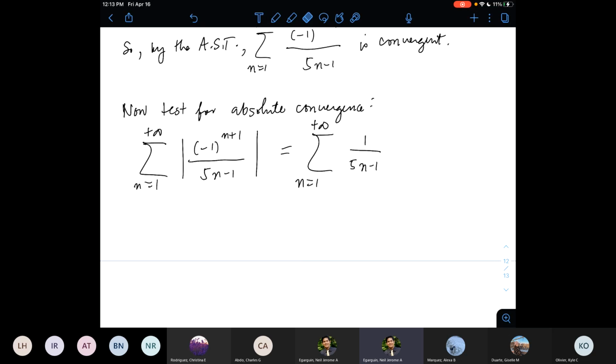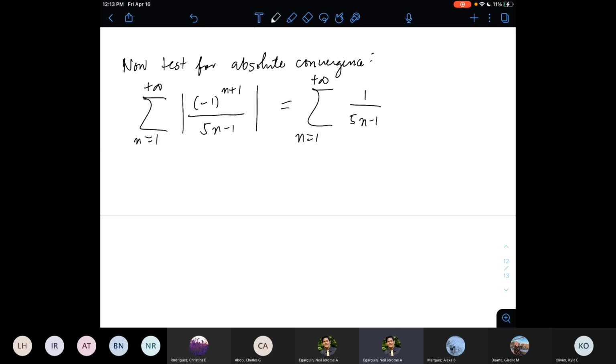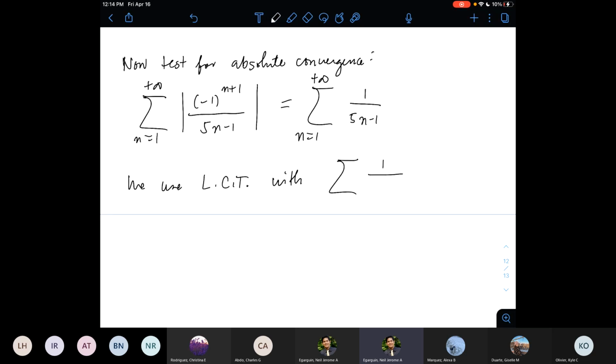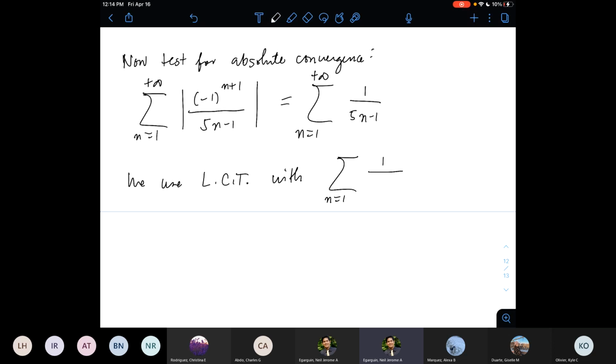So let's see. Well, I can do the limit comparison test here because I need to know whether this series converges or not. So we use the limit comparison test with the testing series, the sum of what? Well, the numerator is just 1. Then in the long run, how does the denominator behave? In the long run, you can ignore lower order terms. That means you can ignore the -1. So the denominator just behaves like 5n.